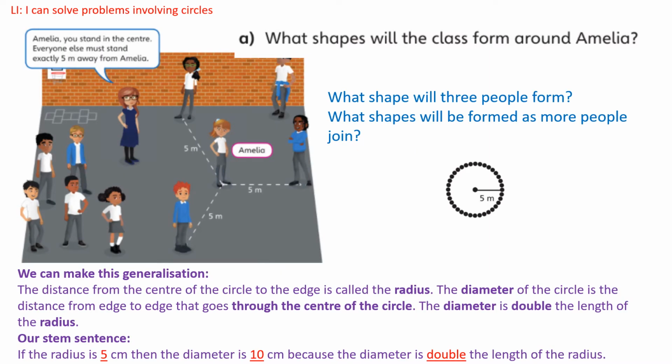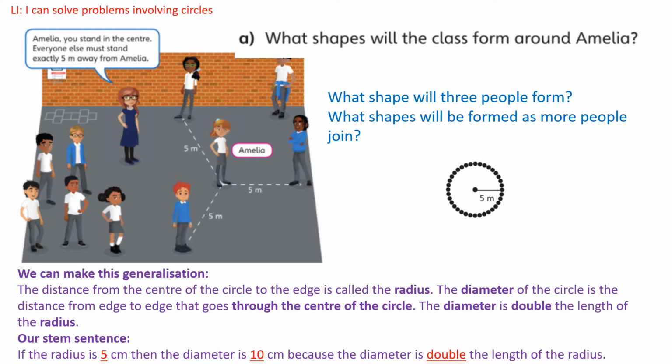So our first question is thinking about the radius of a circle. So if Amelia is standing on the centre point and her friends, she's got 3 of them there already, are standing each of them 5 metres away from her, what shape, first of all, would you make if you joined all the friends up?